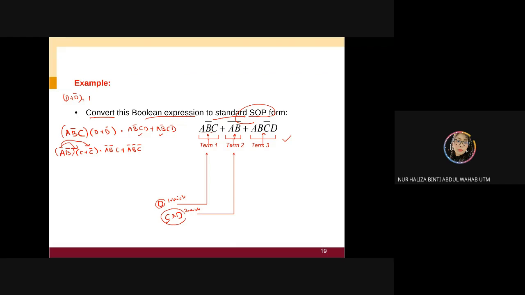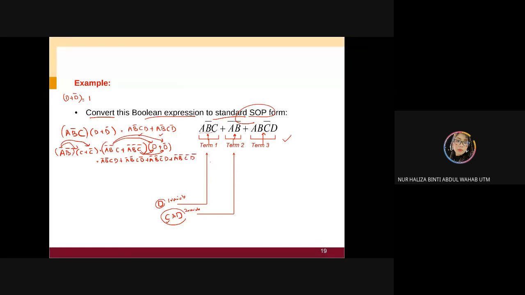Still, it does not have all 4 variables. What I need to do is multiply this with D plus D bar. And I'm going to get A bar B bar C D, plus A bar B bar C D bar, A bar B bar C bar D, and one more time, A bar B bar C bar D bar.